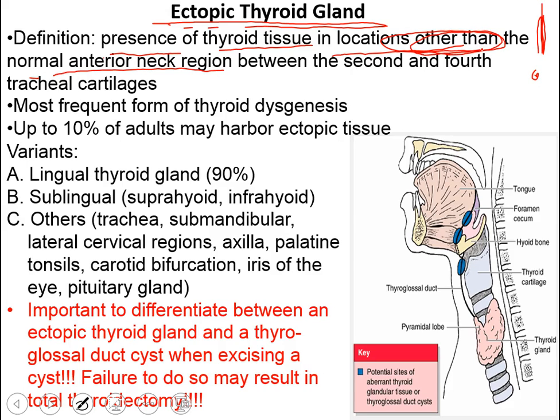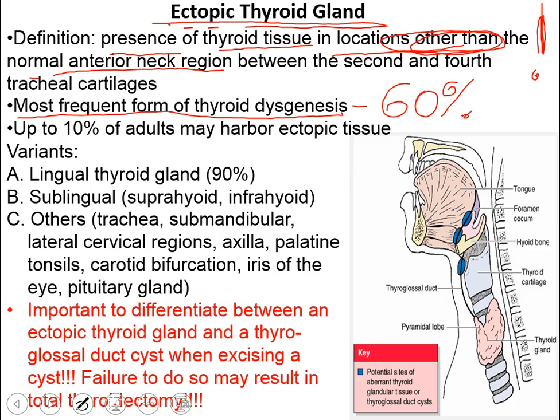According to research, the ectopic thyroid gland is the most frequent form of thyroid dysgenesis. 60% of cases of all thyroid dysgenesis are represented by ectopic thyroid gland. There are several variants of ectopic thyroid gland. Lingual thyroid gland is considered the most common form.